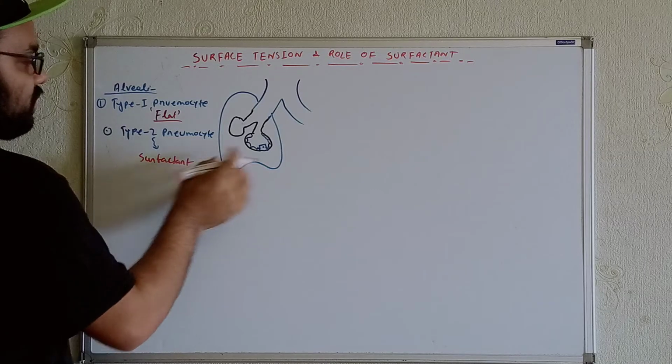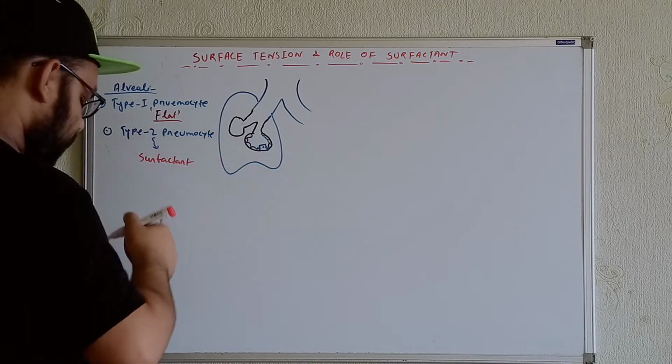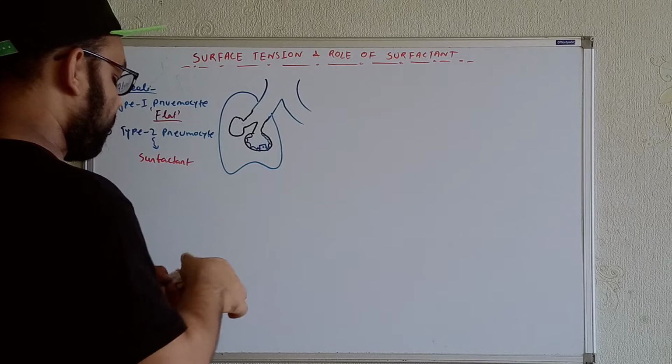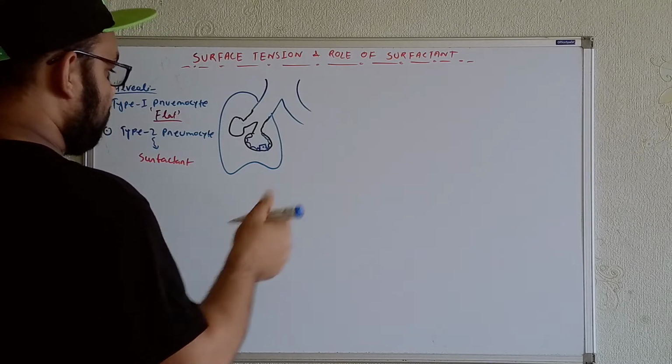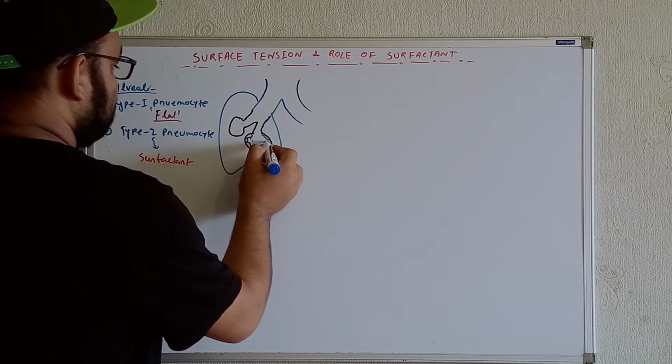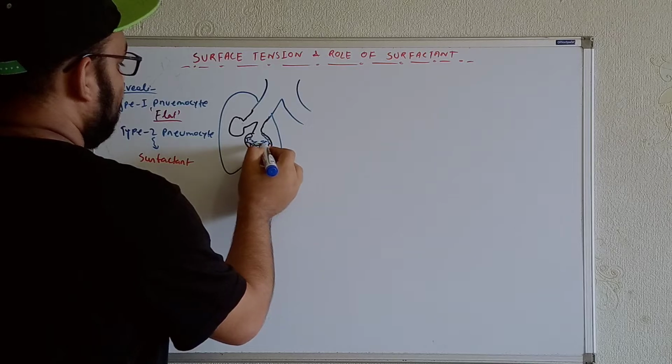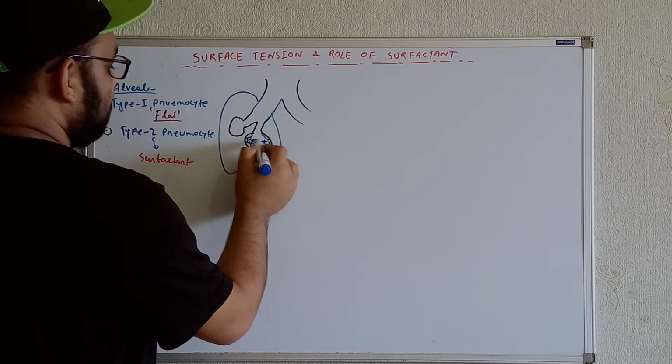Now I'll show you these structures. Around these cellular layers we'll get the water molecules, the fluid. Now I'll just enlarge this part over here.